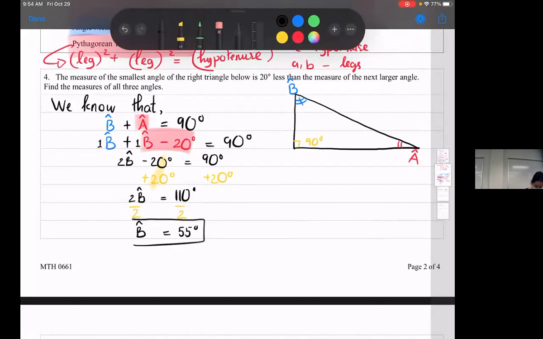Don't stop here. You're going to find C. You're going to find A. What's A? B is 55, so A is... No, I got one of them is 90, the right triangle. I found that B is 55, so the only angle left for me to find is A. What's A?